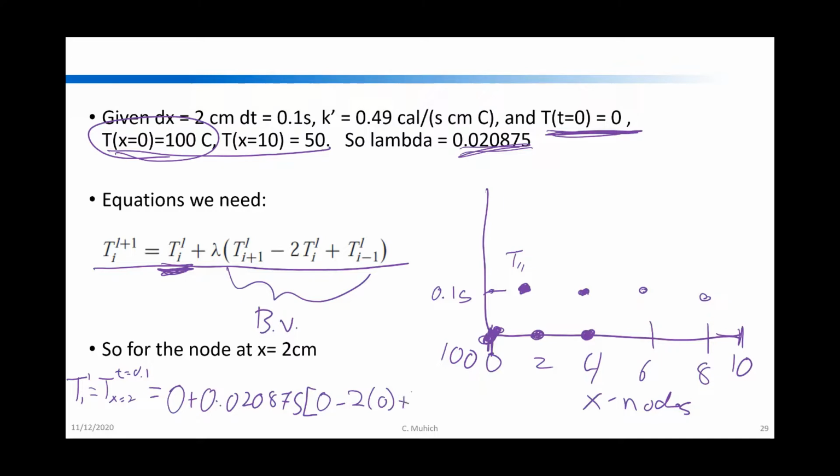So I have a plus 100. Okay, so at this point in time, we have zeros, this 100, 0, 0, 0, 0, 50. I have to look backwards to these 3 points. I can solve out all the math, and when I do, I get 2.0875.